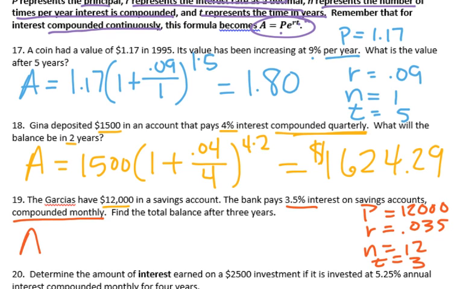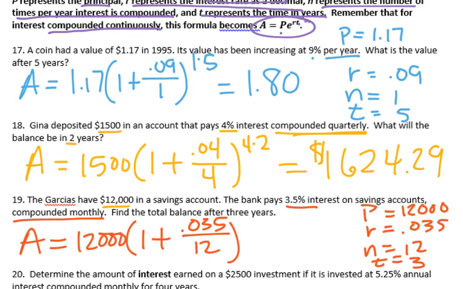So A equals 12,000 times (1 plus 0.035 over 12) to the 3 times 12. So we type that one into our calculator.